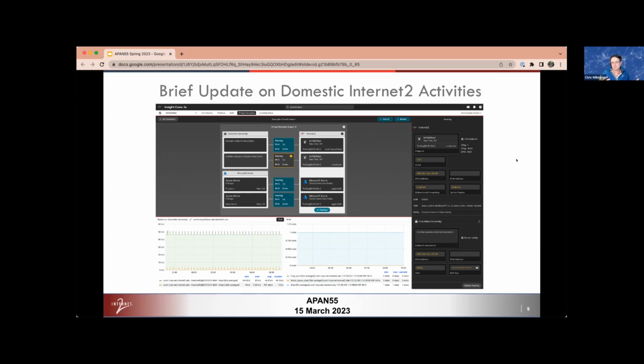Here you can see a full provisioning view of the service as it stands, complete with data representations of the data rates that are traversing this particular service. So our goal is that all of our services will be front-ended by this console, whether they're domestic or international. In the case of an international transit VLAN, one could authenticate into this console, pull up the VLAN, and see what the activity is and the endpoints are.